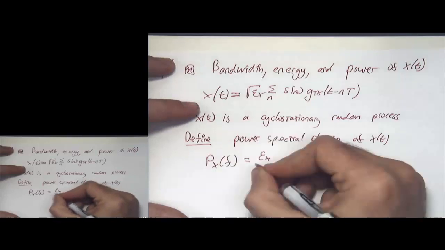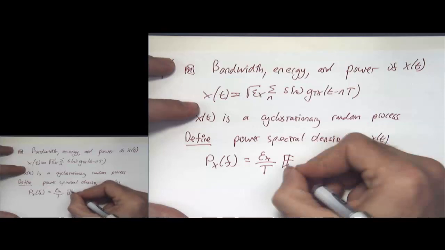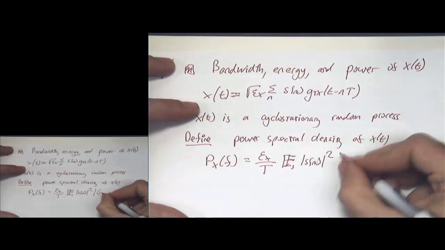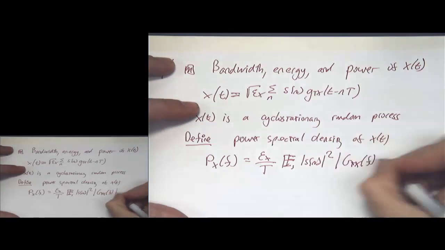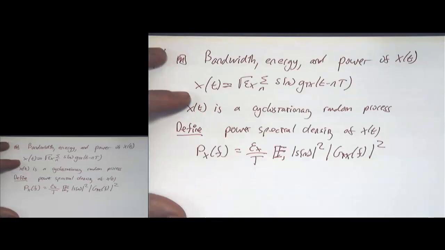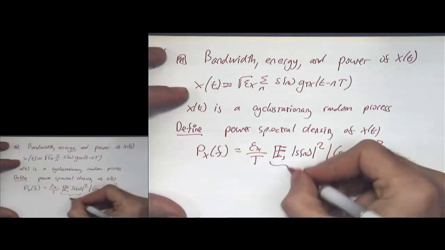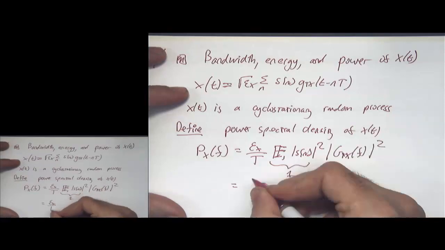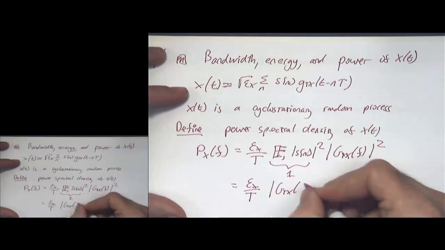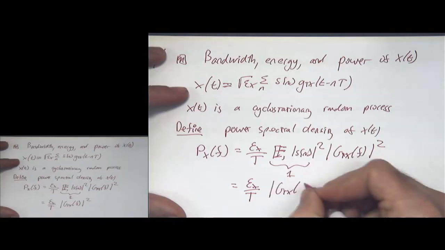It's going to be Ex over T times the expectation of |s of n times G_tx of f| squared. Now, because we've assumed that the constellation is unit energy, the expectation is 1. So for our purposes in the class, this quantity here is going to be Ex over T times |G_tx of f| squared.